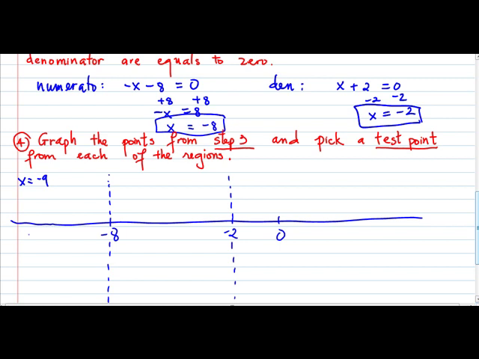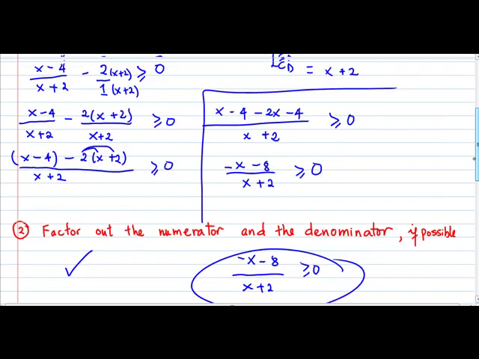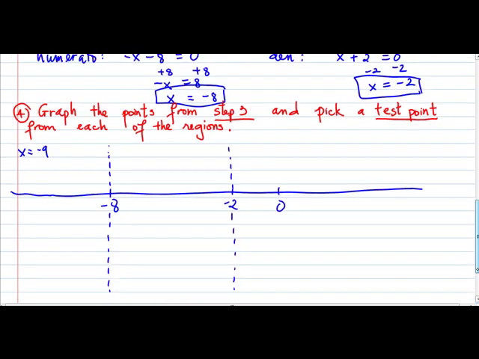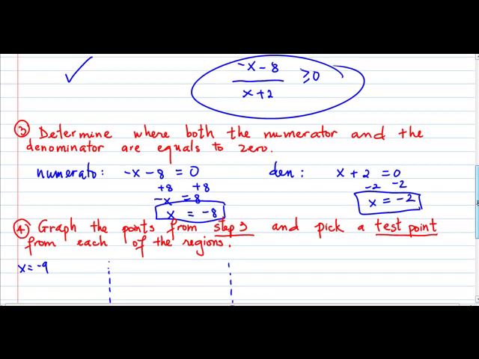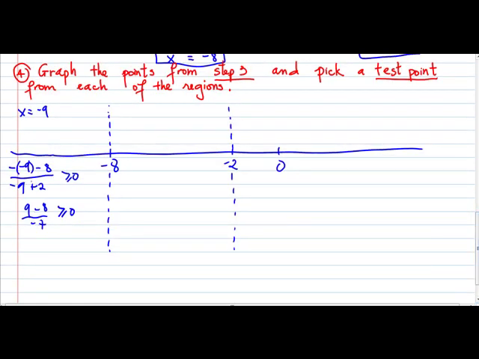Using the simplified expression, we don't have to go back to the original. We have minus 9 minus 8 over minus 9 plus 2, which is a negative number over a negative number... minus 9 minus 8 is negative 17, over minus 7. Correcting: the numerator is negative and the denominator is negative, so we don't care about the exact value. Either way, the check is the sign.